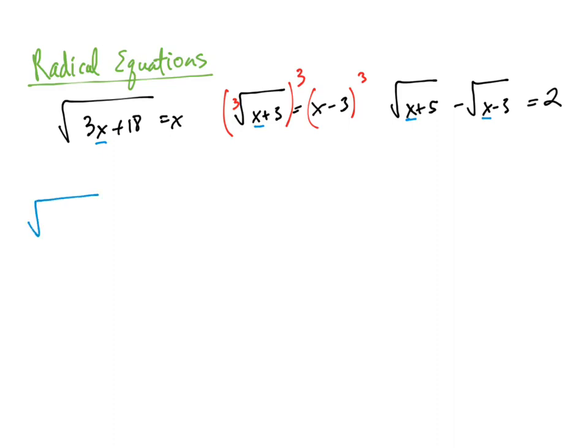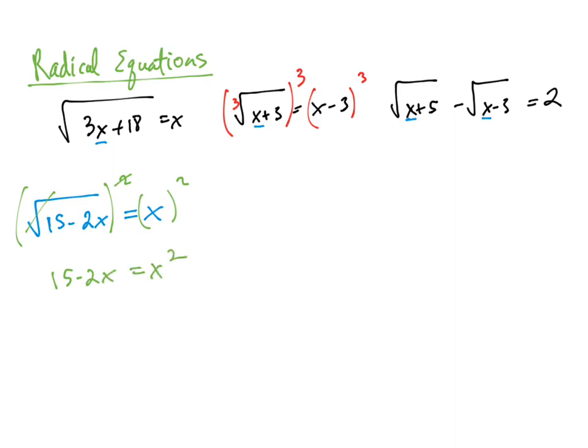How about the square root of 15 minus 2x is equal to x? Let's see what we end up with here. So I'm going to square both sides. Squaring on the left cancels the radical, so we end up with 15 minus 2x is equal to x squared.